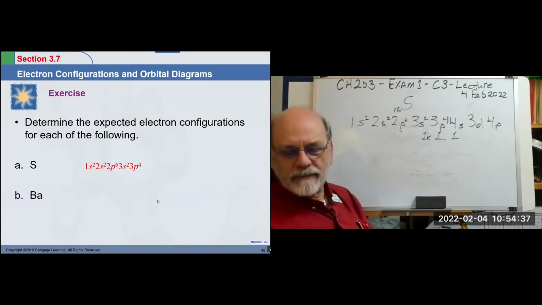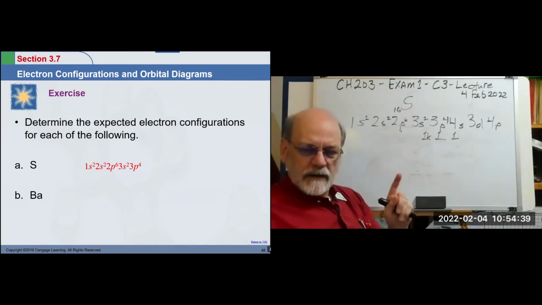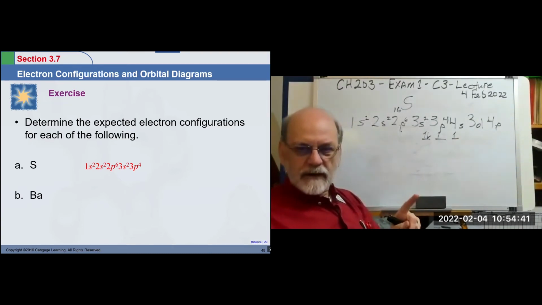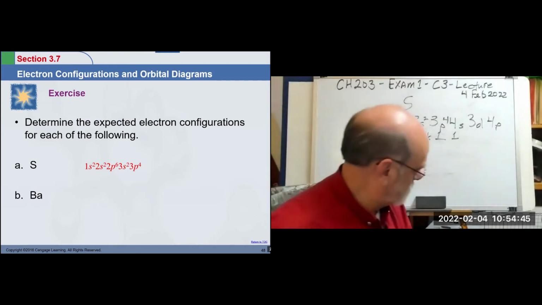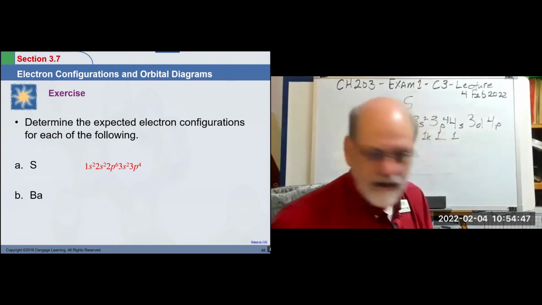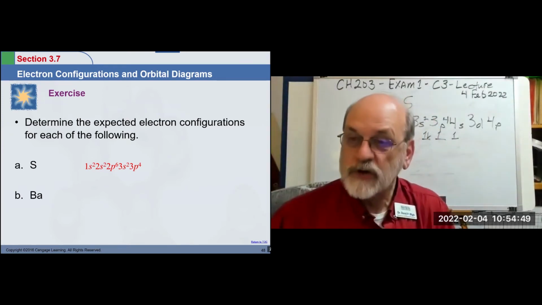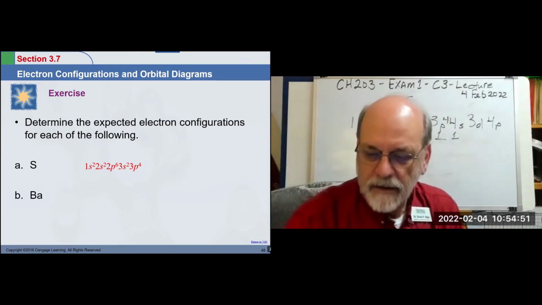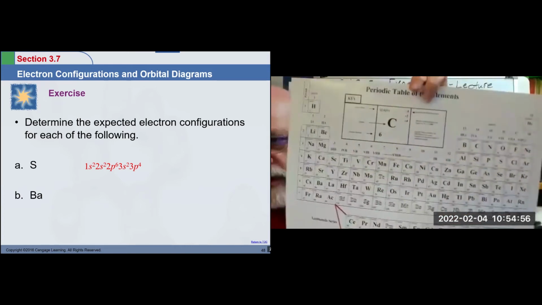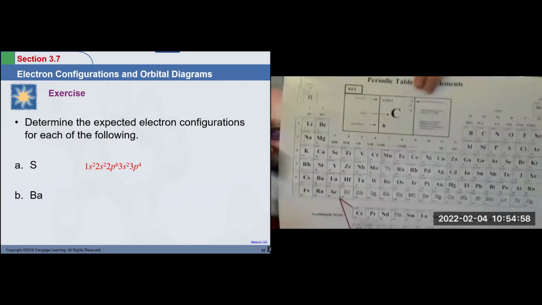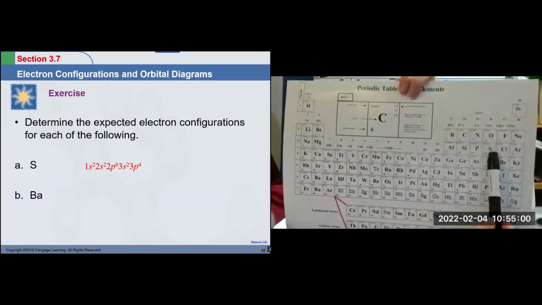How about barium? Well, before we go to barium, let me give you a shortened and abbreviated notation. Notice where sulfur is on the periodic table. Let's see, let me pull it up here. Sulfur is right here.